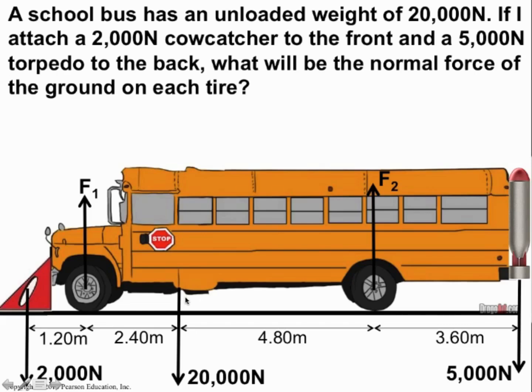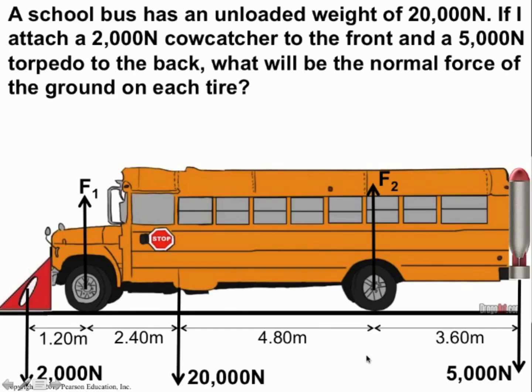Now, of course, the center of mass of the bus would be a little bit higher up, like here, kind of this area where I'm tracing with the mouse arrow right now. But for the sake of clarity, we're just drawing it a little bit lower. So we have the 20,000 newtons there. We have the 2,000 newtons coming straight down from the center of gravity of the cow catcher.